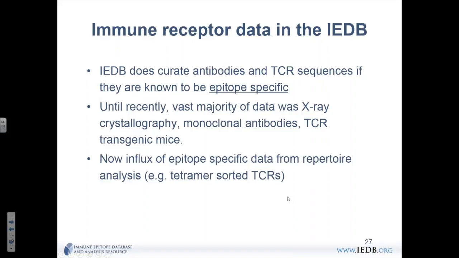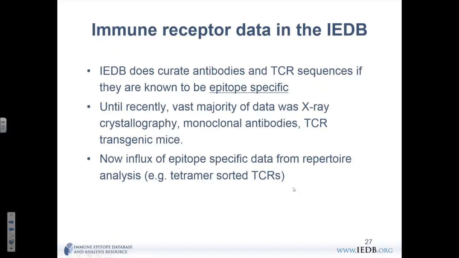Now we have an influx of receptor data that comes from things like tetramer sorted T cells, or you have sorting by antigens that you're tetramerizing for B cells, or you're doing proliferation experiments or something, or you're doing based on statistics, you're saying that these must be epitope specific.